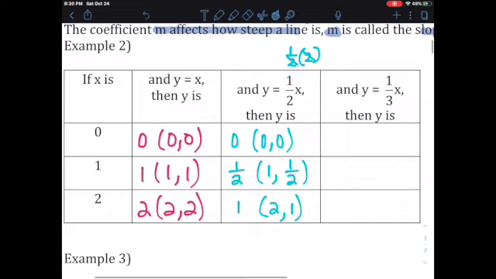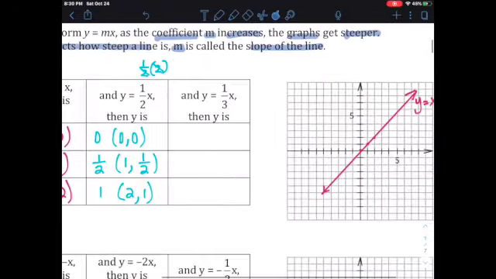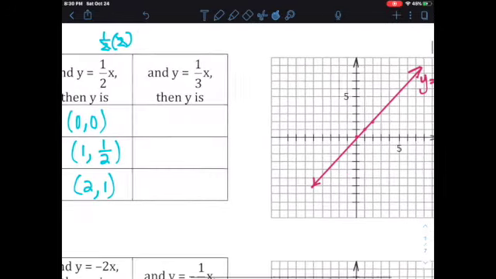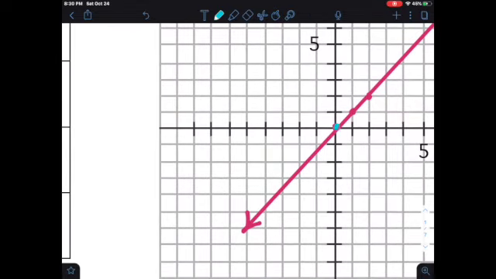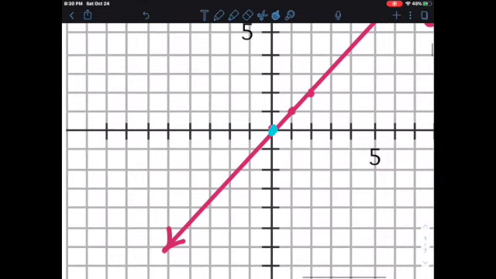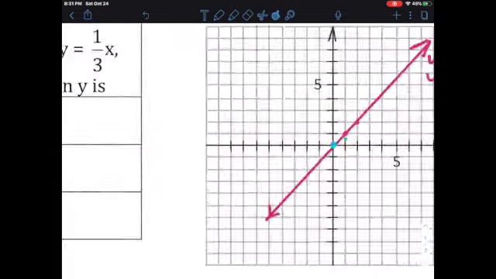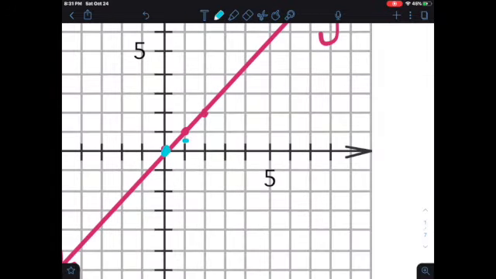So plot that. It's going to be 0, 0. And then you have 1, comma half. 1, comma half is right here. And then you have 2, comma 1. And notice your line is going to be like this.